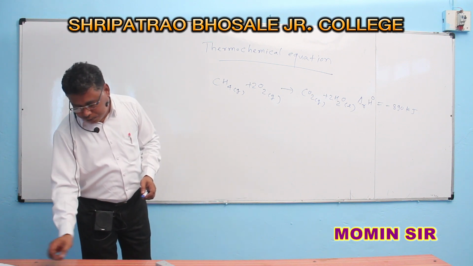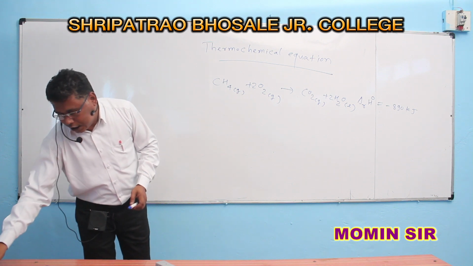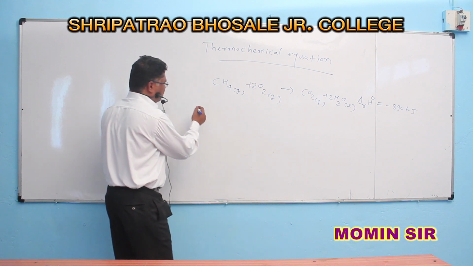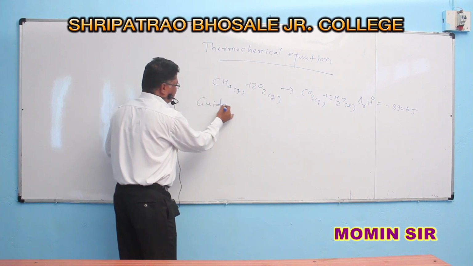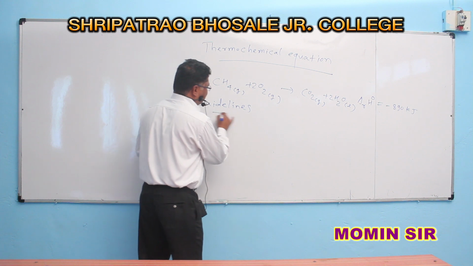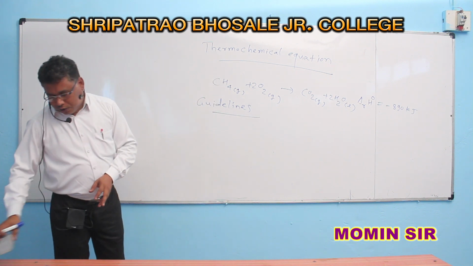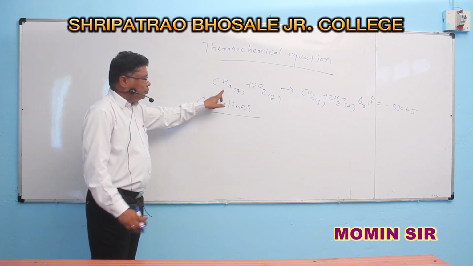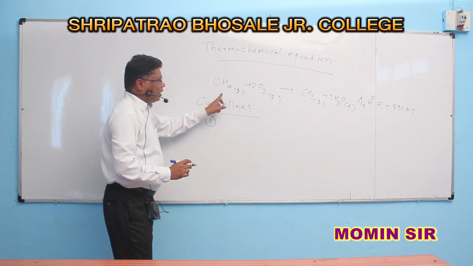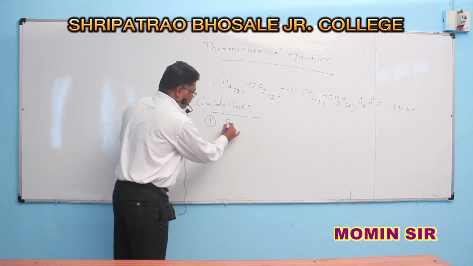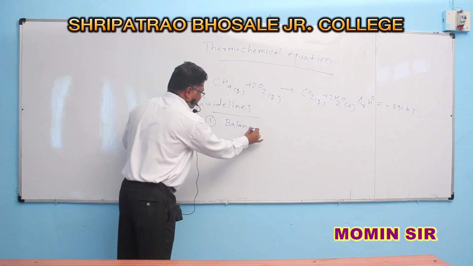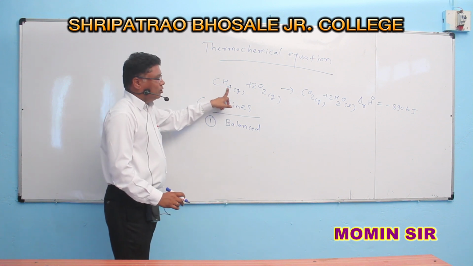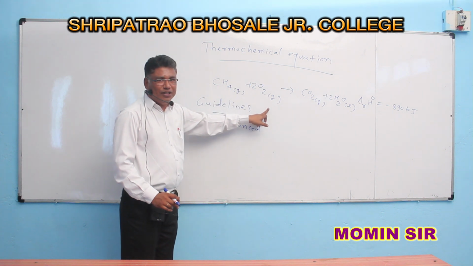Now, it is important to know the guidelines for writing the thermochemical equation. The first important point is that reactant and product should be balanced. If you check this reaction, carbon, hydrogen and oxygen, all elements are balanced.